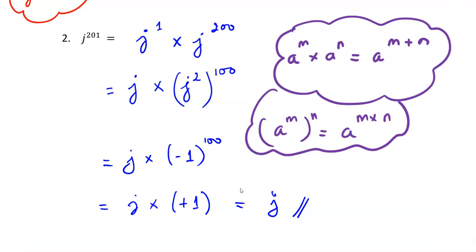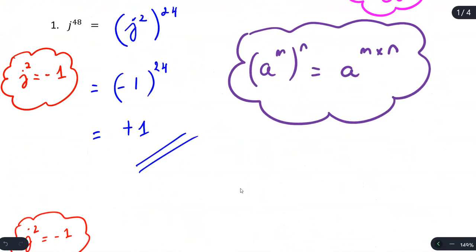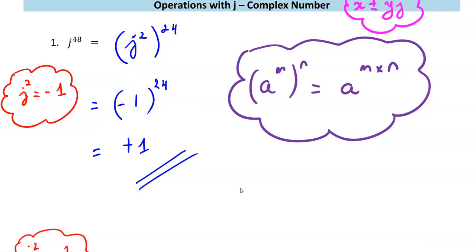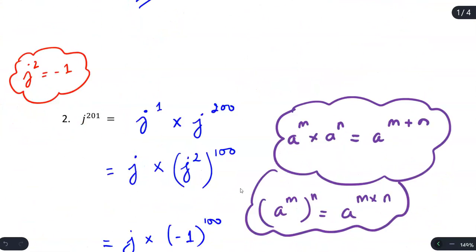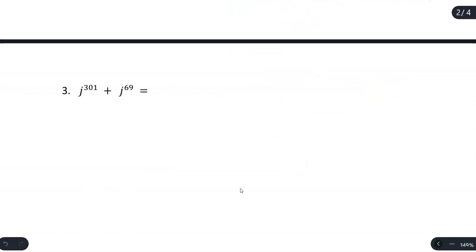So this is called the operation of j. Whenever you raise j to a certain power, you can simplify it to either 1, j, minus j, or -1. Alright, so let's move on to this question here.